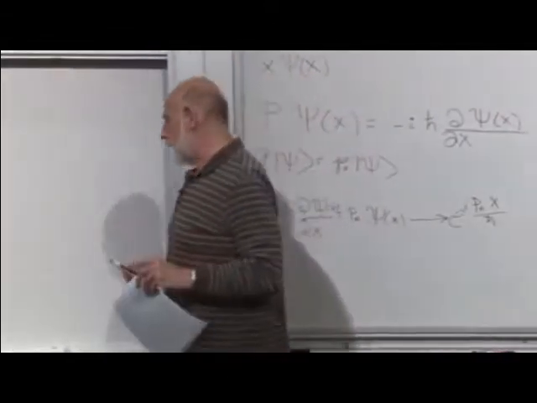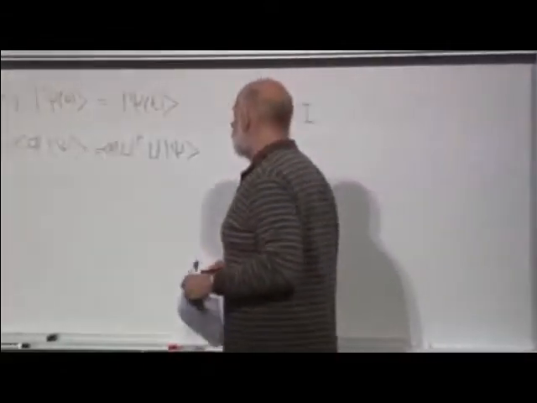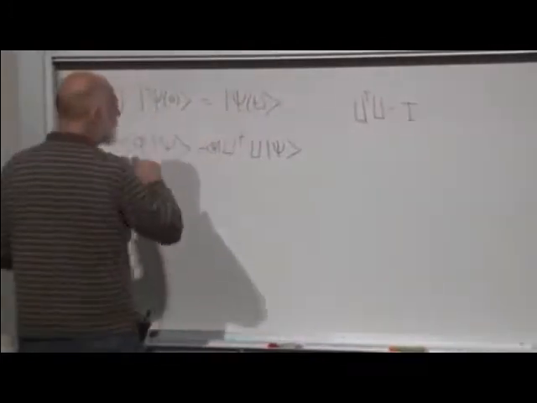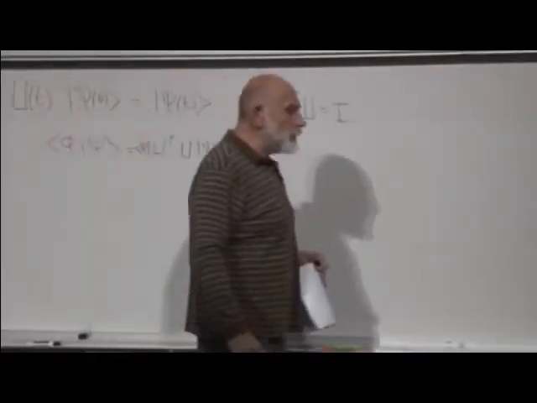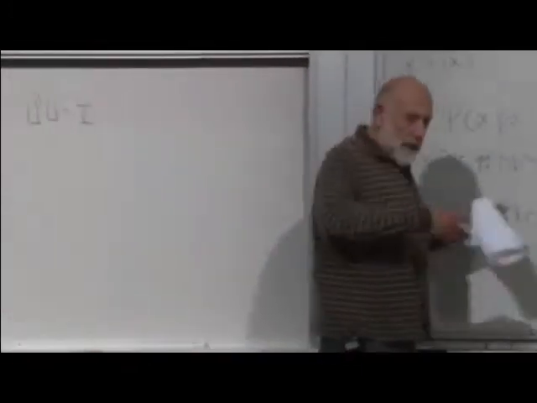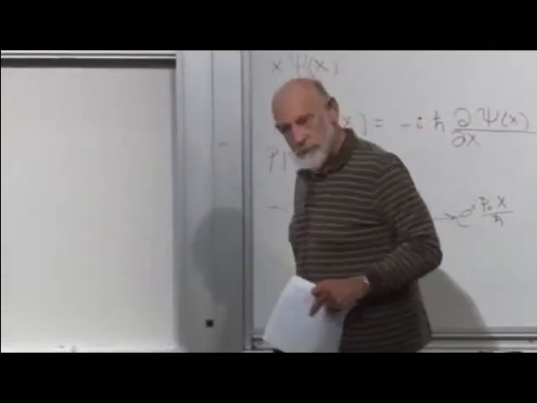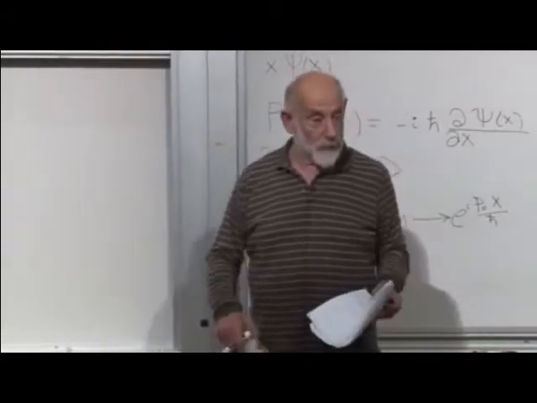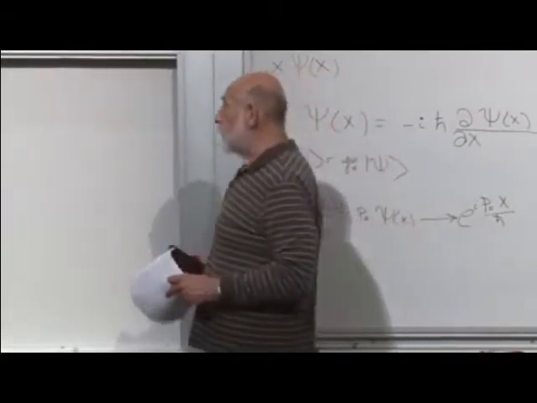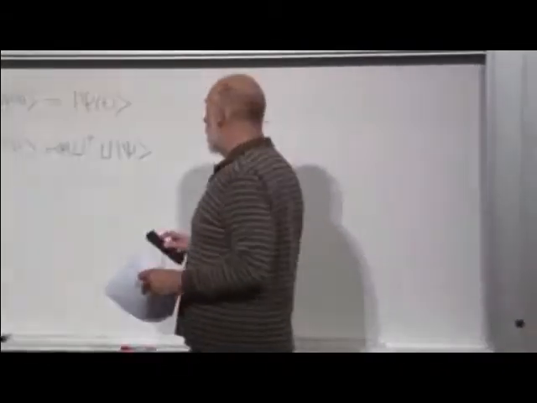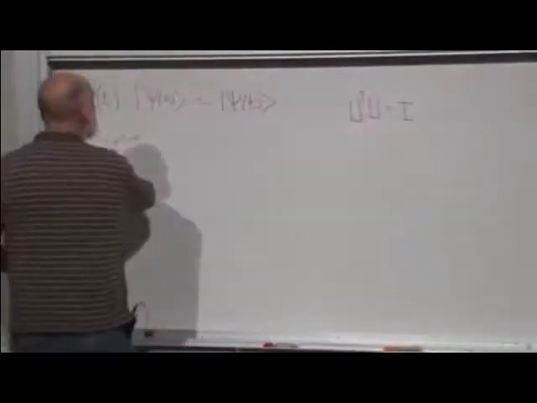It's the same mathematics. So this is the definition of a unitary operator. There are many unitary operators. So there are many possible things that could represent the evolution of a system, but they're all unitary.